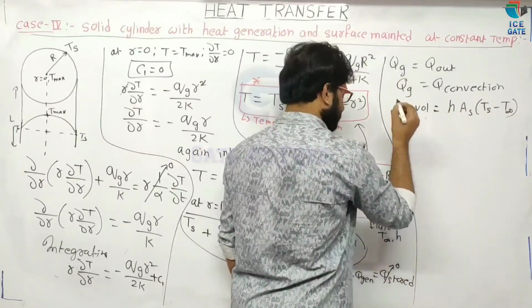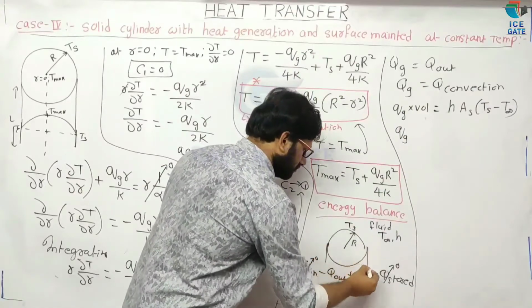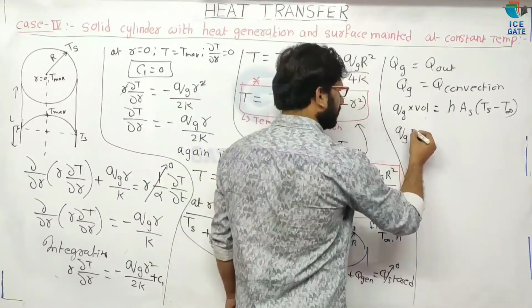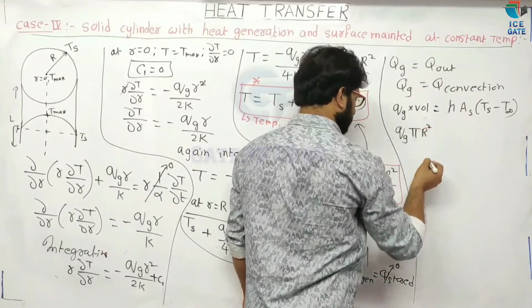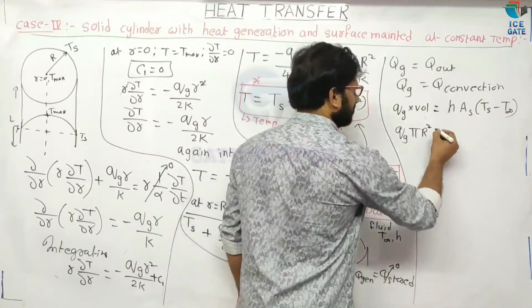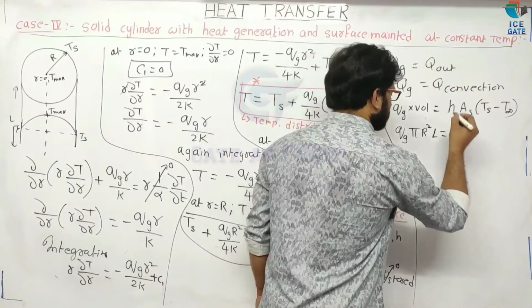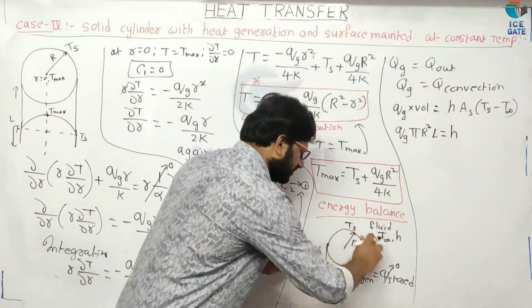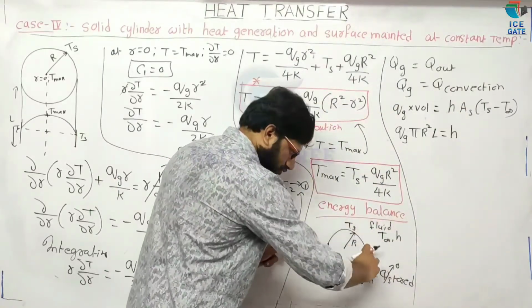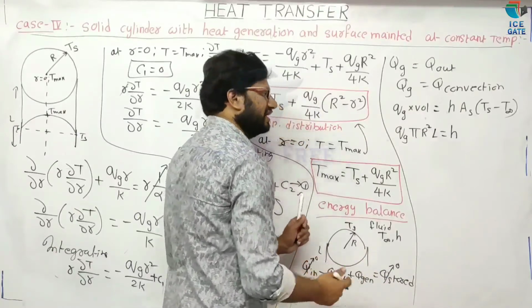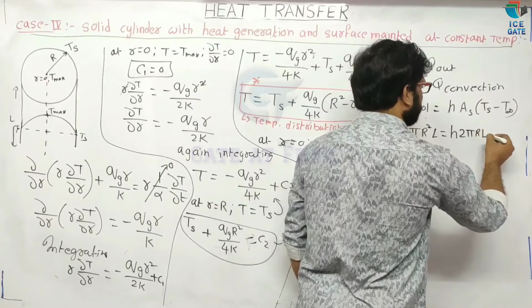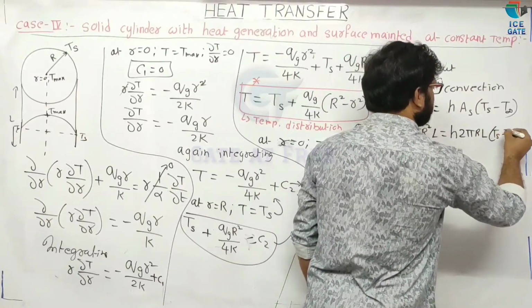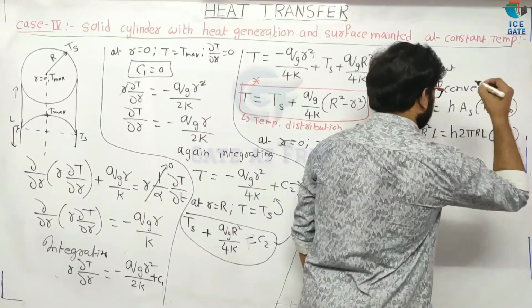Okay. Now, what is the volume of cylinder? Pi r square into total length of the cylinder, L, is equal to H. Now, what is surface area? Heat is convecting from this surface area, 2 pi r into total length of the cylinder, Ts minus T infinity.